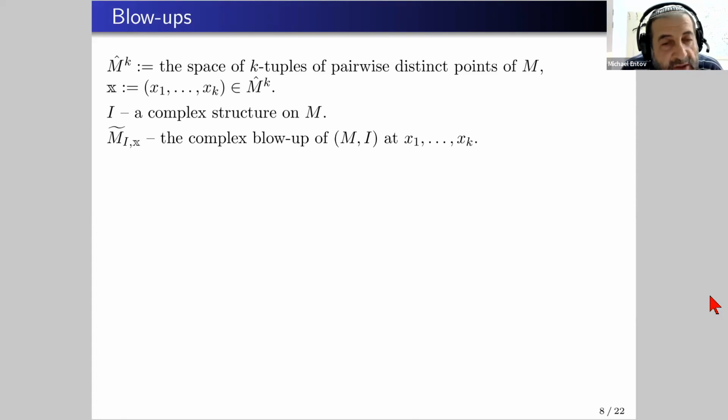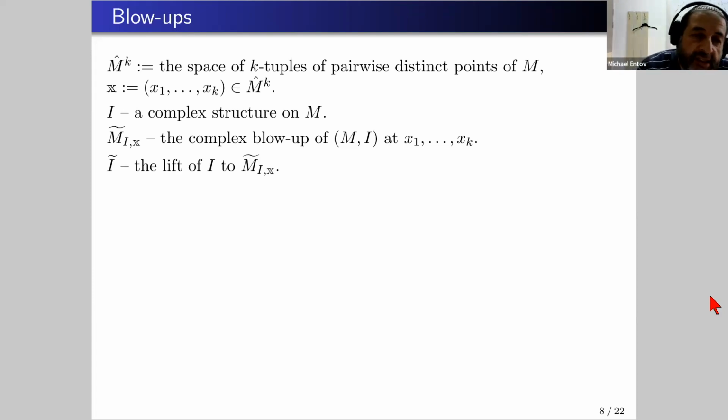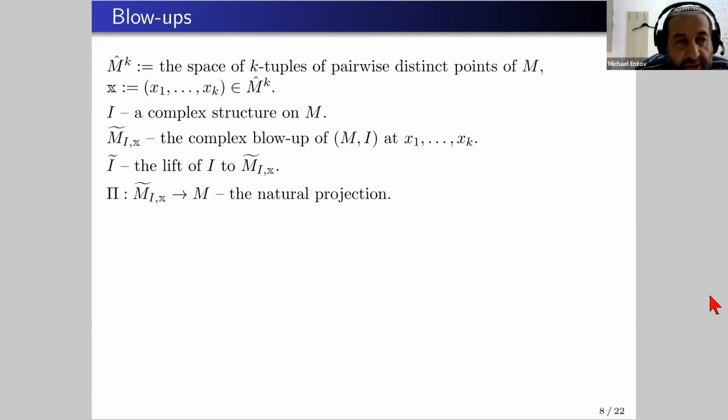So this is the notation for the blowup of M with respect to the complex structure I at the points x1 up to xk. And I tilde will be the lift of the complex structure to the blowup. Also, by pi, I will denote the natural projection from the blowup to the original manifold.